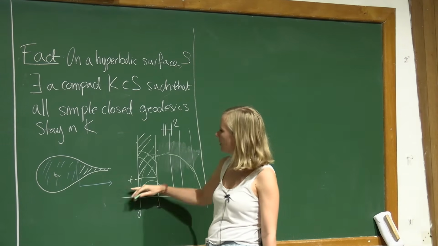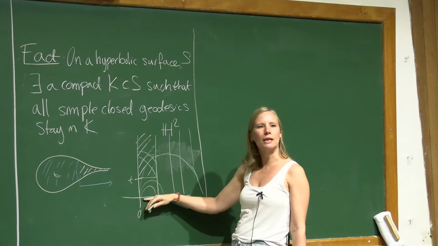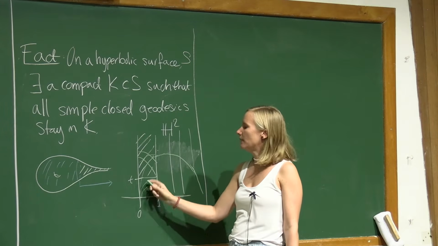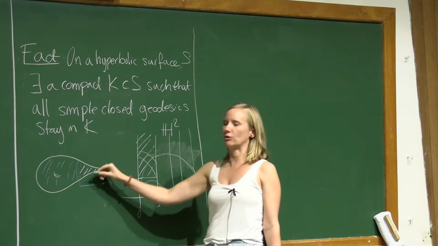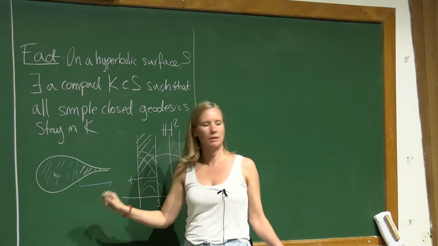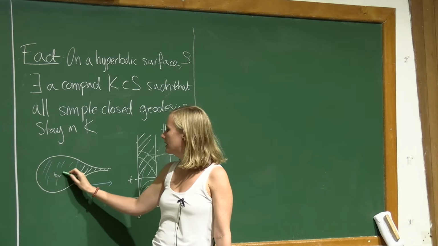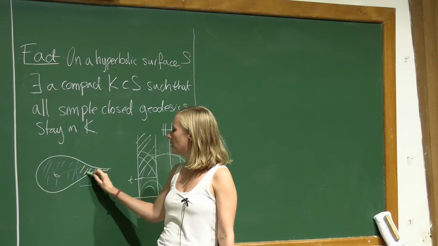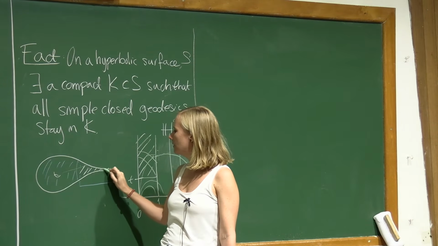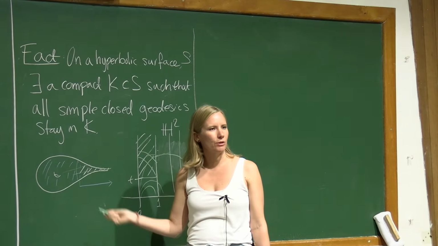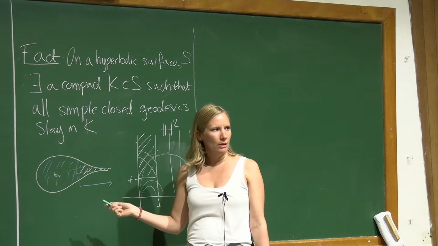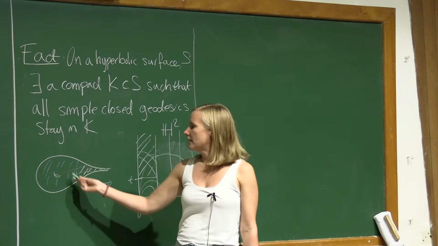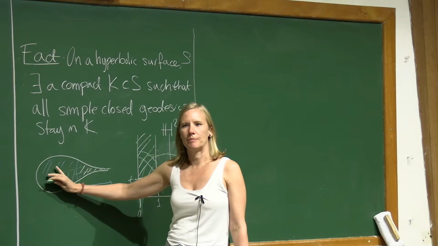The higher up I go, in fact, the more intersections there will be, and one can quantify this: if you go this high up, you're going to intersect at least this many times. So if you go in here, you start spinning around, turn around, and create self-intersections. If you're not allowed to self-intersect, you have to stay in some compact part.